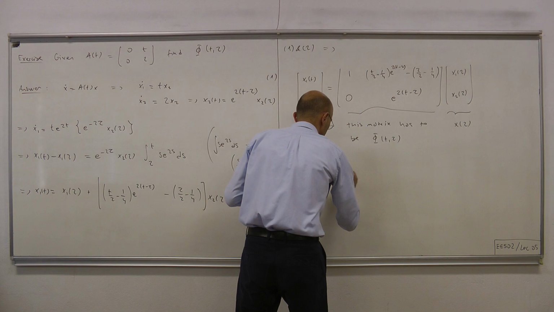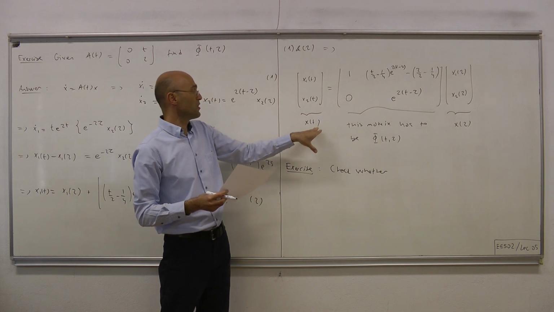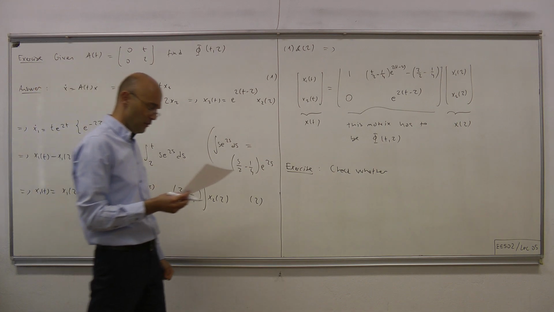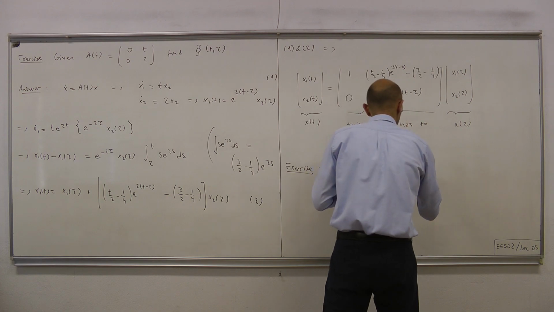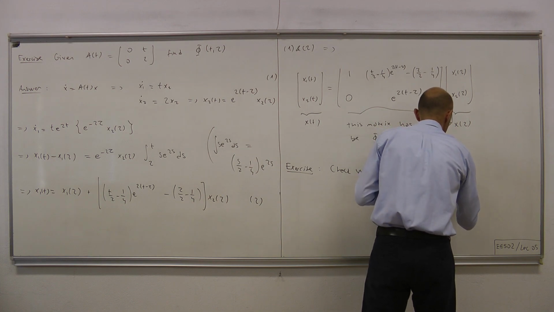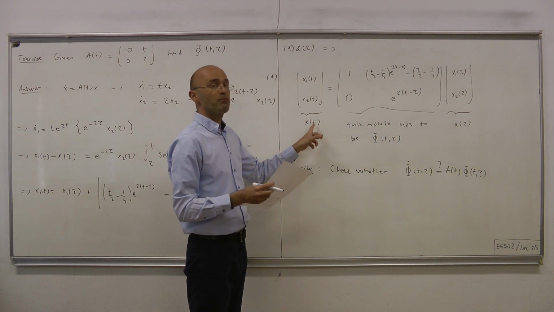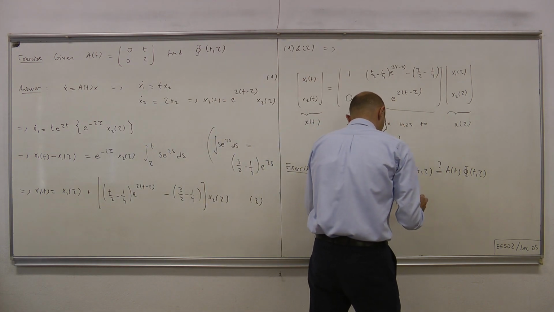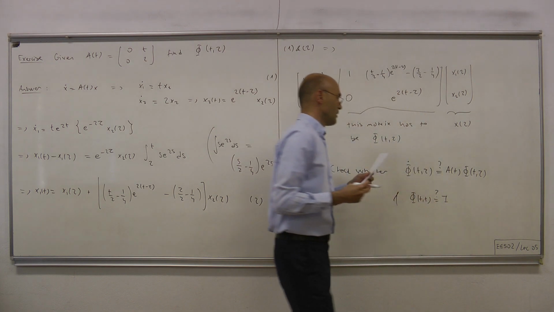Check whether this expression for a solution satisfies the two constraints that it should satisfy, namely the derivative of phi of t, tau equals A of t times phi of t, tau, which will immediately give the differential equation constraint for x of t, and also check that phi of tau, tau equals the identity matrix.